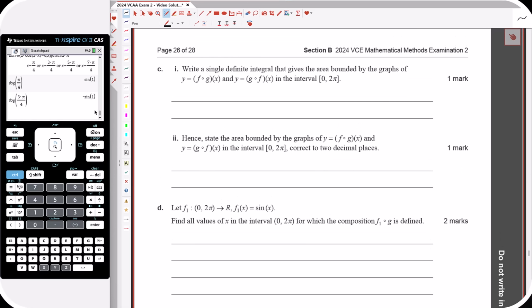Okay, write a single definite integral that gives the area bounded by the graphs of f of g of x and g of f of x in the interval. Okay, so just going to delete all that, to get rid of all those points so it's not so messy. Okay, let's draw f of g and let's draw g of f.